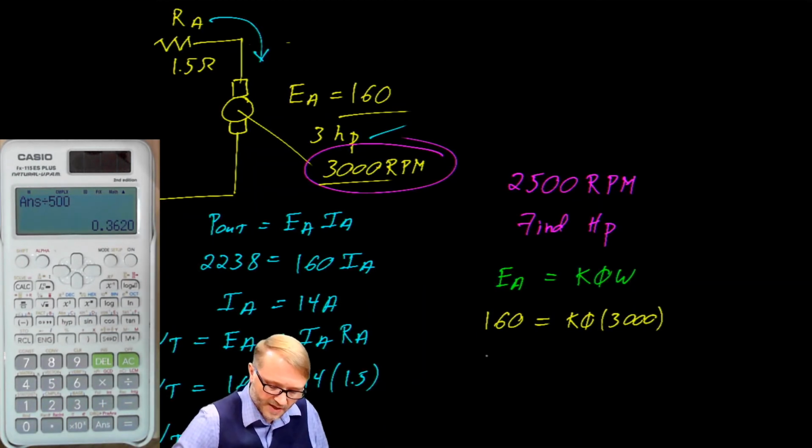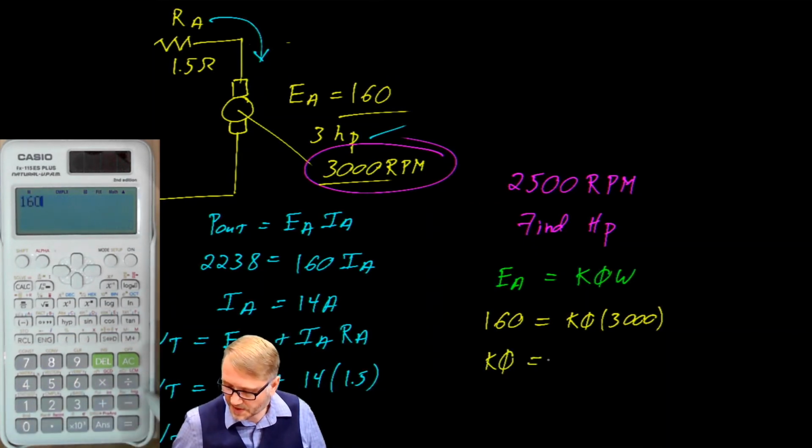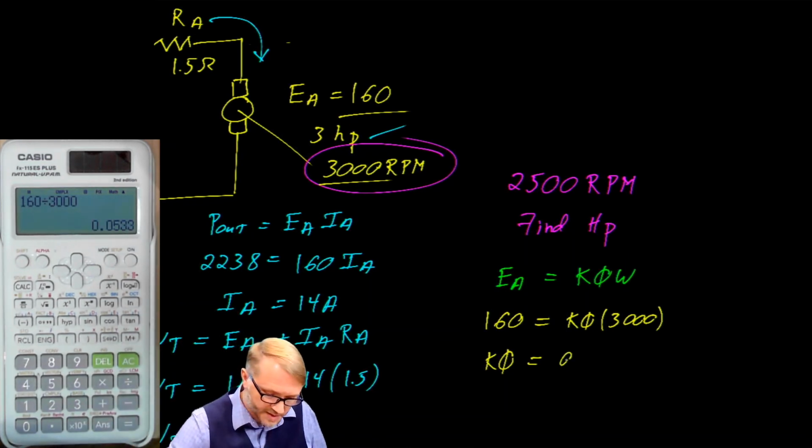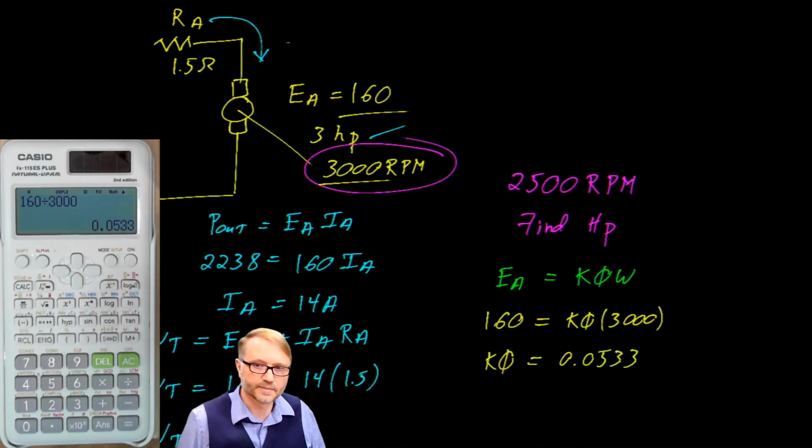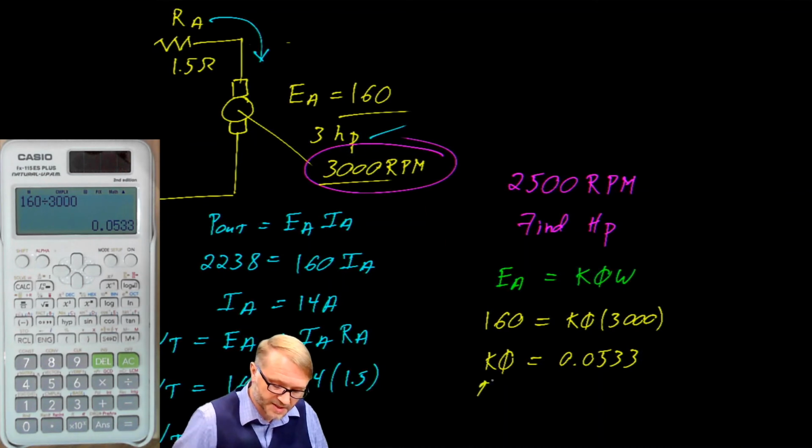If we were to solve that, we would say that the motor constant by the B field is equal to 160 divided by 3,000. So that's 0.0533. Consider this. We do not know what the motor constant is. We do not know what the field coil was set to.